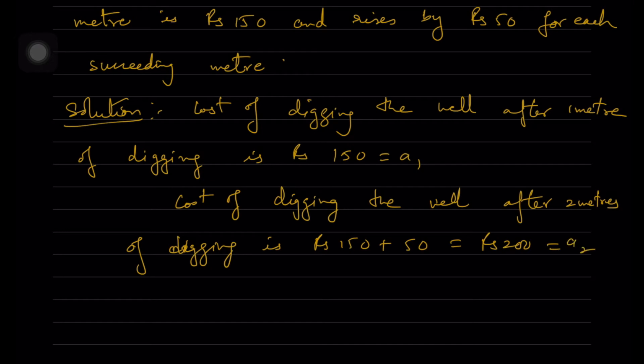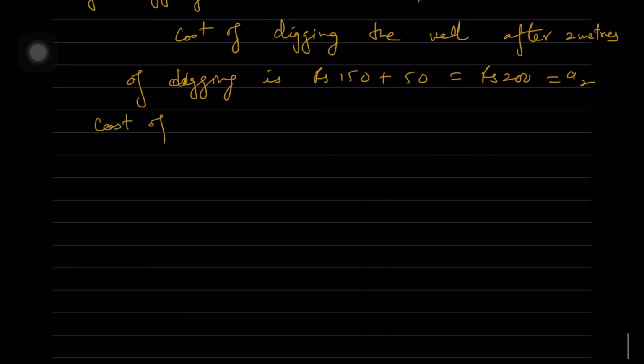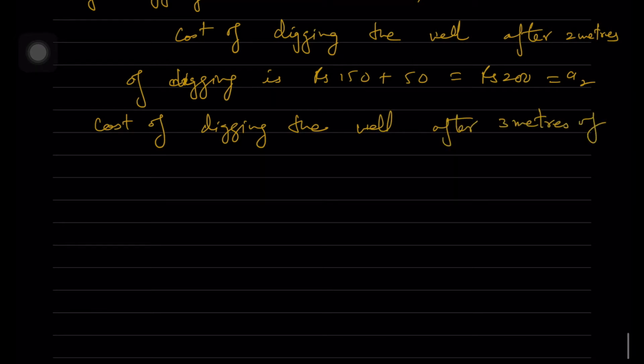This is equal to A2. Then cost of digging the well after 3 meters of digging is equal to 200 plus 50, which is equal to 250, which is equal to A3.